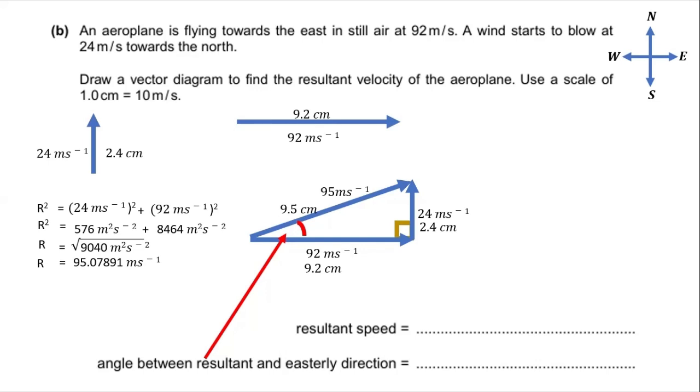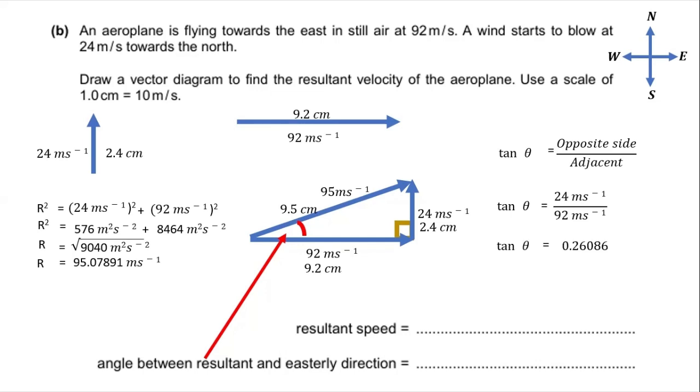Then we are going to find the angle between the resultant and this direction. We are using tan theta here because we know this is a right angle triangle, so we can apply trigonometry. Tan theta is equal to opposite side divided by adjacent. We know the opposite side is 24 meters per second divided by the adjacent, which is 92 meters per second.